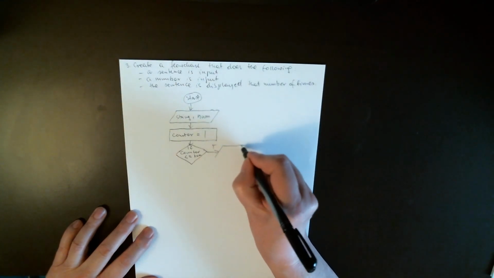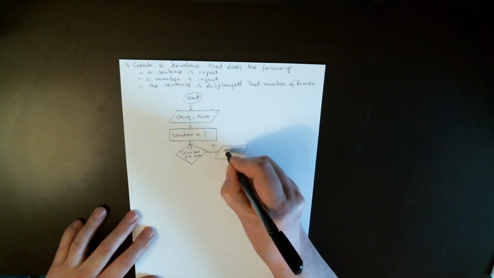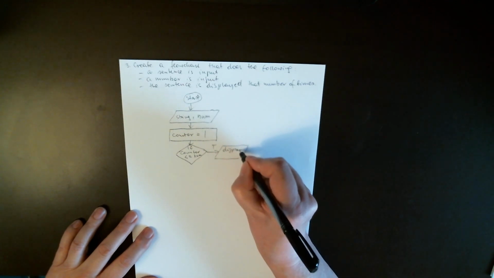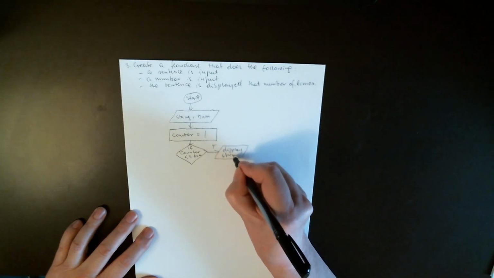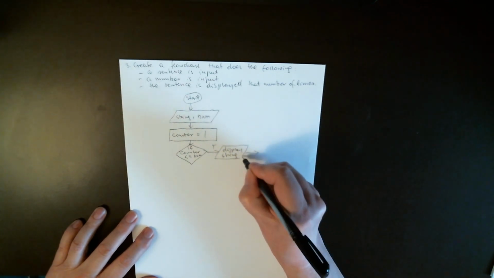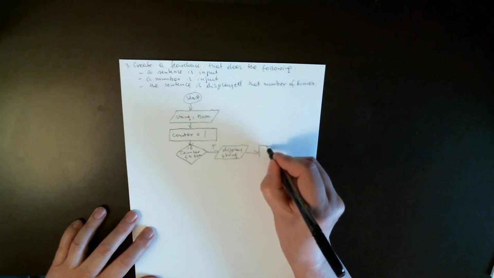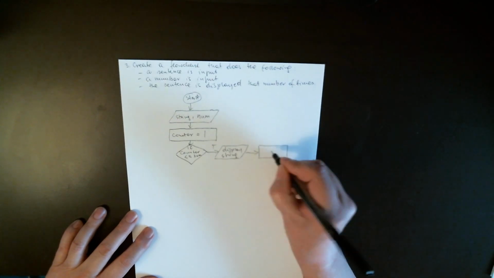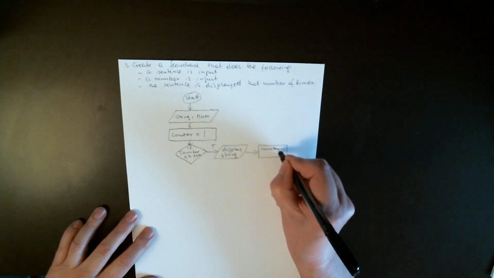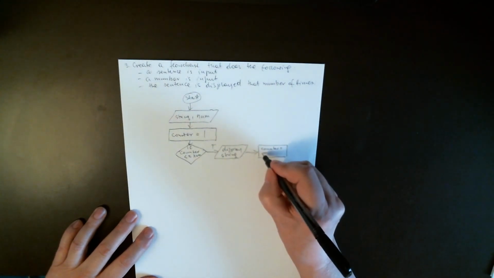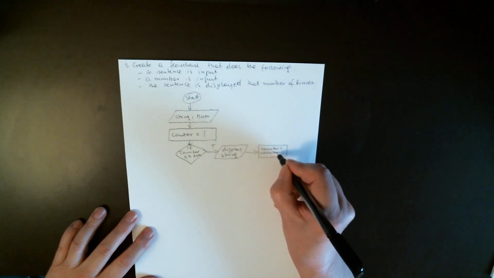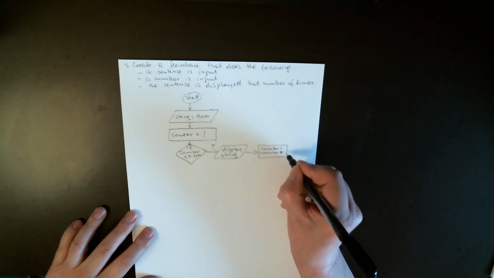We display string. And then we want to get out of this loop, so we have to make sure that our counter is up. Counter plus 1.